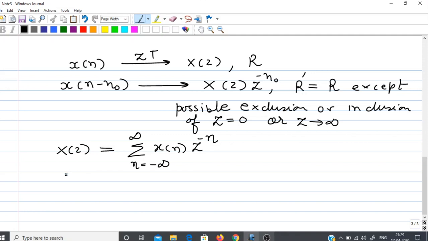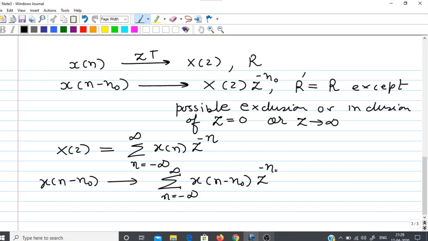Now we have to find the Z transform of x[n minus n naught]. So its Z transform would be the summation, n running from minus infinity to plus infinity, of x[n minus n naught] z to the power minus n.